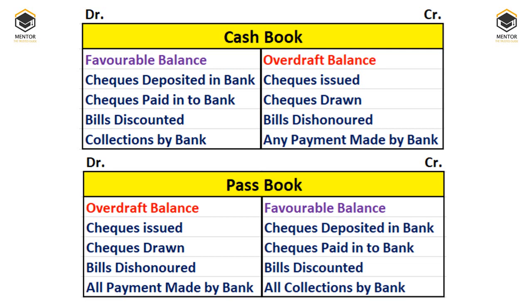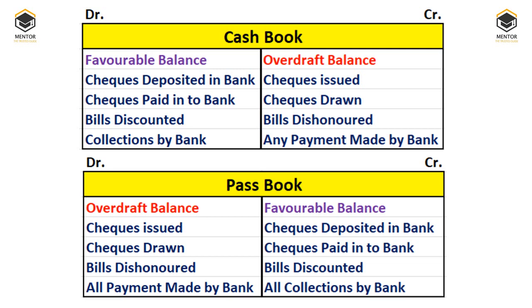Don't get confused. We have a passbook copy at our home, sir. My father's account, so we maintain the passbook. No, the passbook is a book maintained by the bank, and whatever book is given to us by the bank is a photocopy or replica, as a copy, that's all, right? So the passbook is maintained by the banker, and the cash book is maintained by the owner, that is, the businessman or accountant.